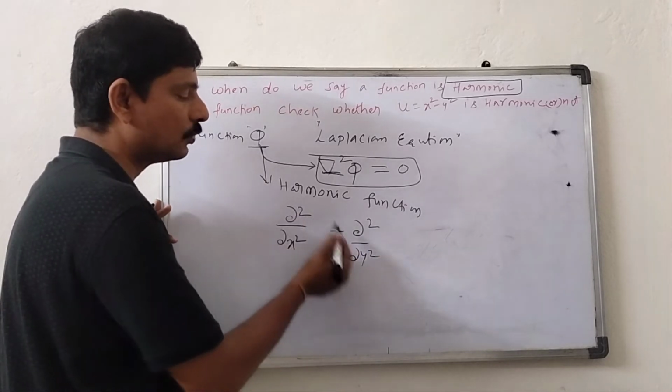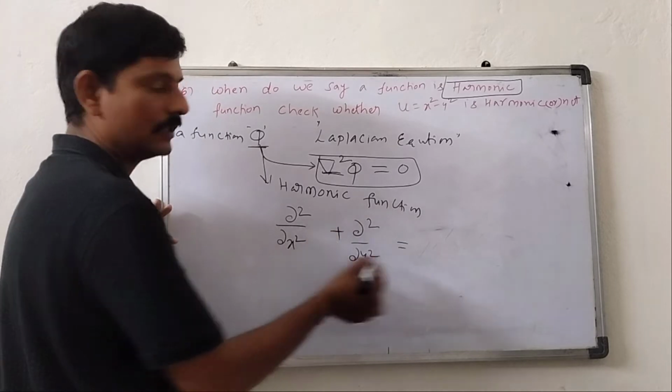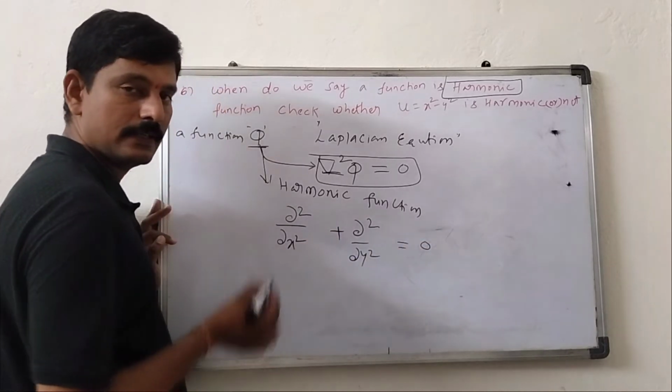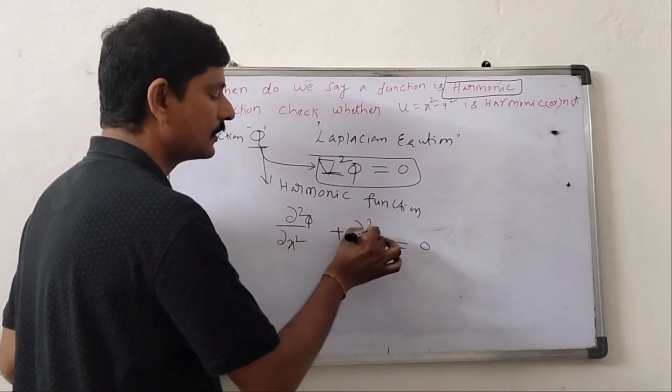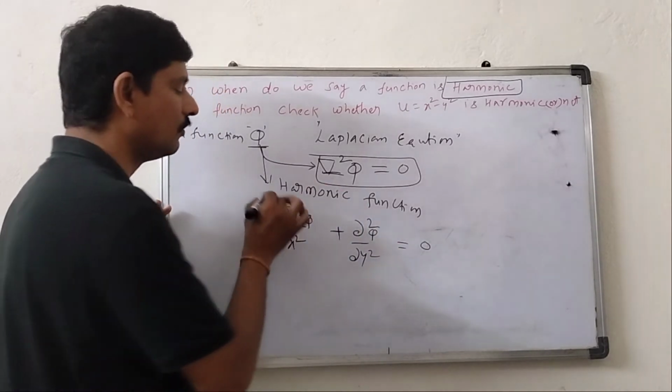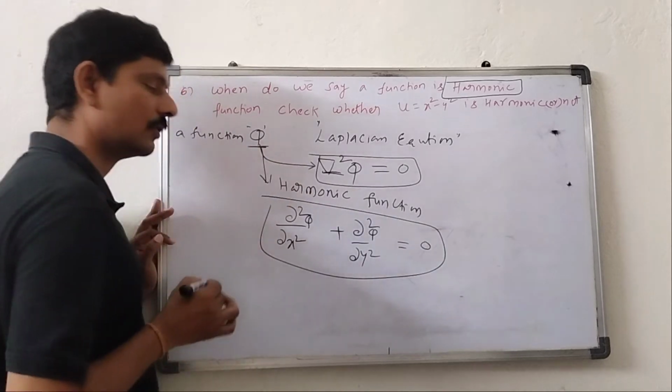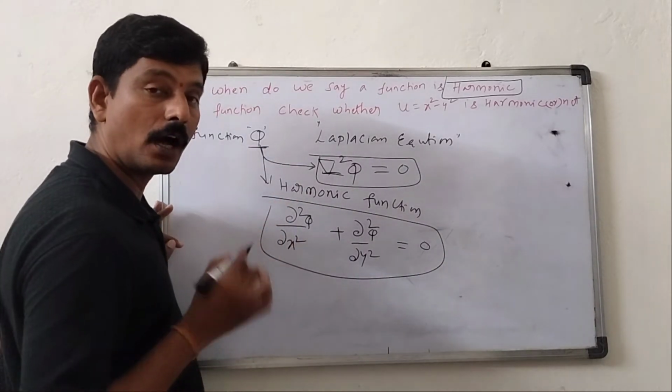The sum of these two is called del square. So if this is equal to 0, then it is called a harmonic function. So ∂²φ/∂x² plus ∂²φ/∂y² is equal to 0. Then phi is said to be harmonic function.